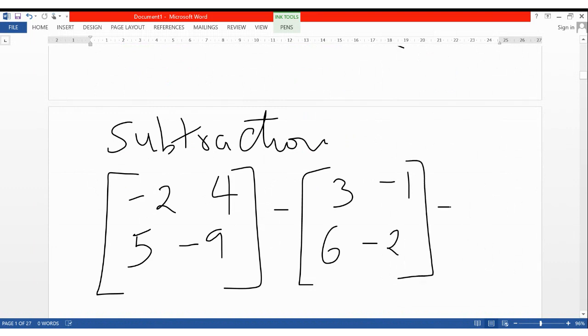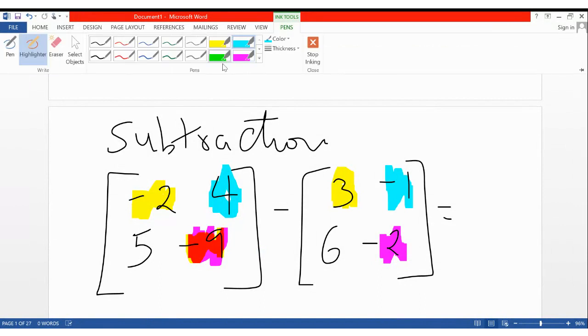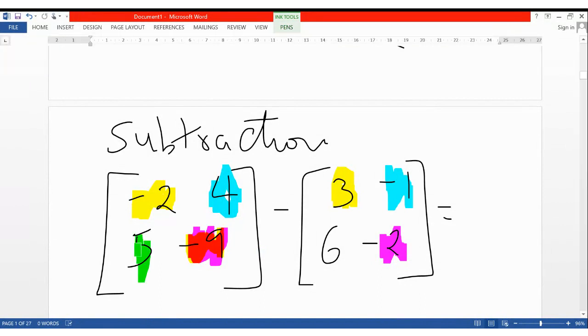The ones that are matching are in the same positions. The negative 2 will go with the 3, the 9 will go with the 2, the 4 will go with the negative 1, and finally the 5 will go with the 6.